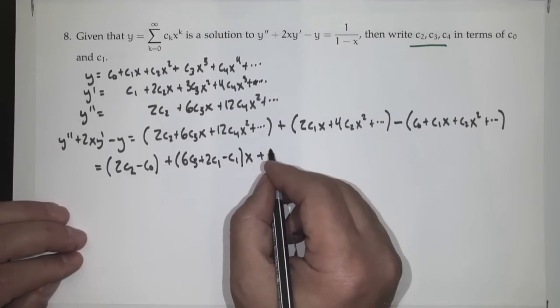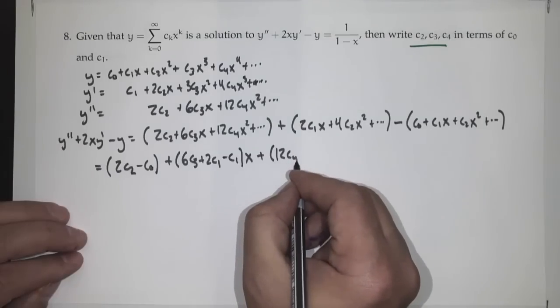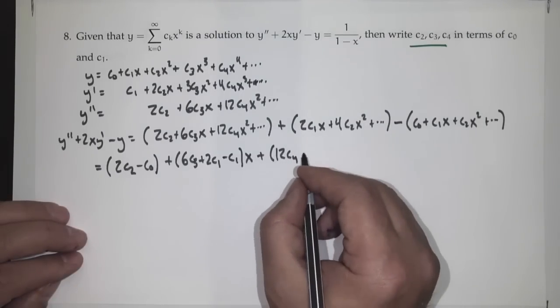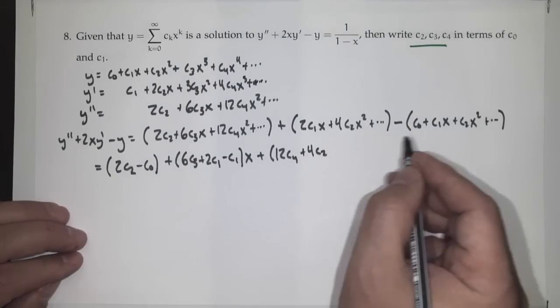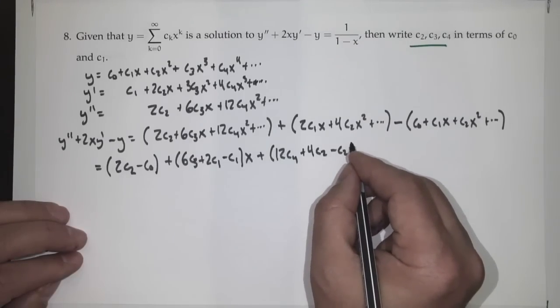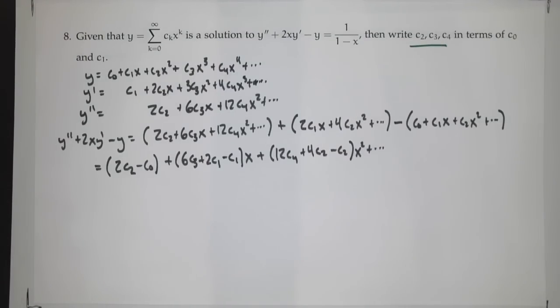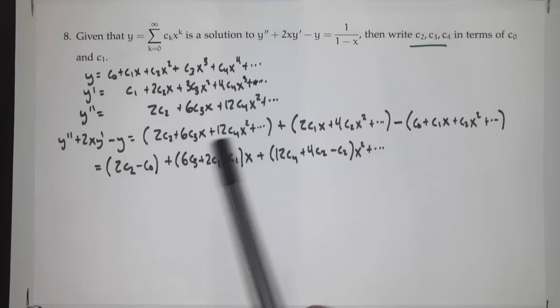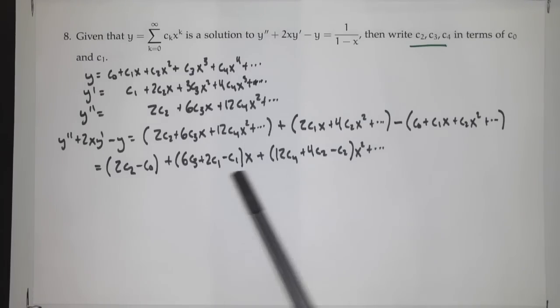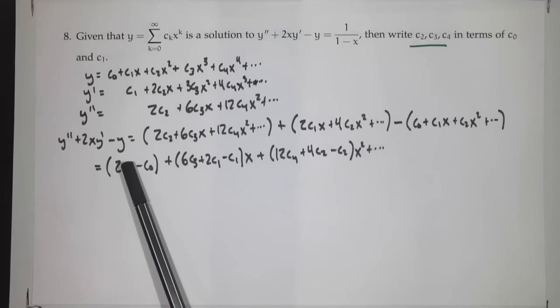We gather our x squareds: 12c4, our 4c2, and a minus c2. And there's other terms. I've essentially said, look, I know what y looks like, and I need 3 pieces of information, so I ultimately just need to grab enough so I can grab off the constant, x, and x squared. That's going to be my first 3 pieces of information.